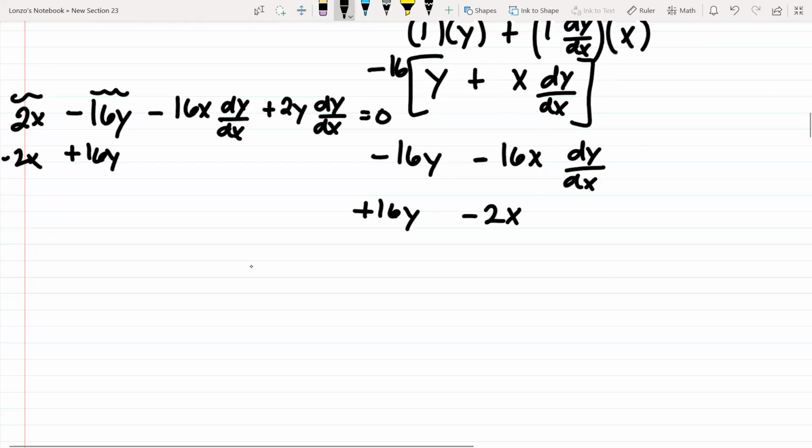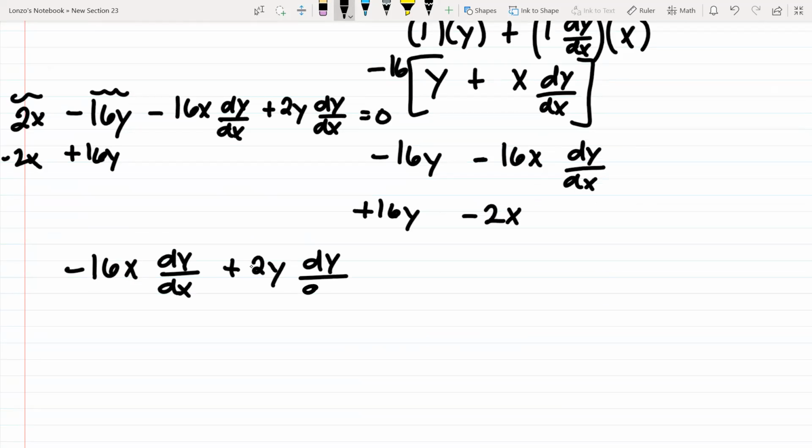So you're going to get negative 16x dy over dx plus 2y dy over dx equals 16y minus 2x.